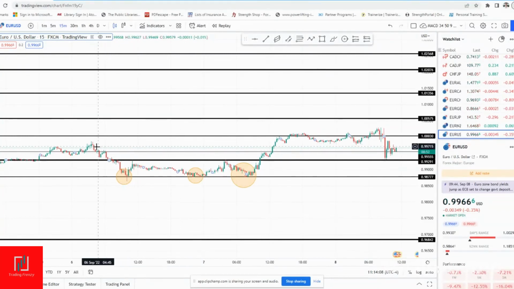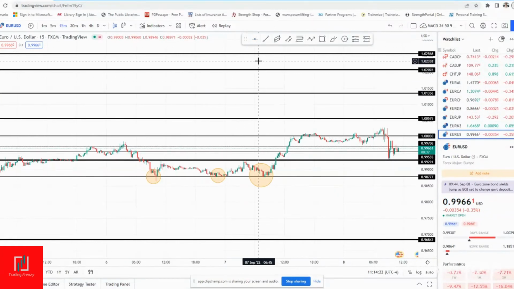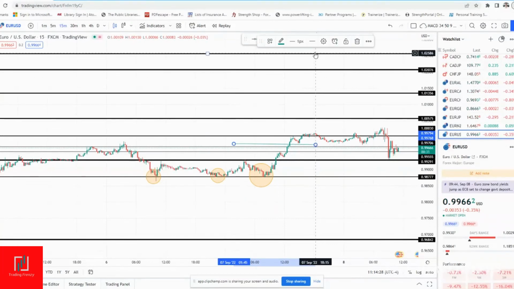So we want to look at the past. Where is the next area of resistance? So looking back here, there's two areas. There would have been right there. And then there would have been another one right there.